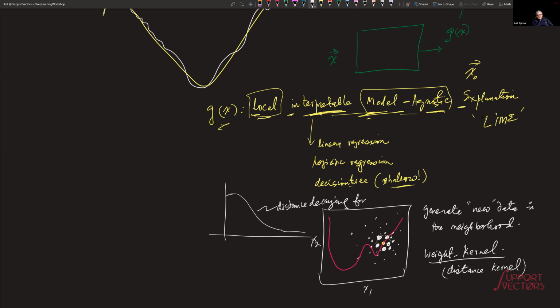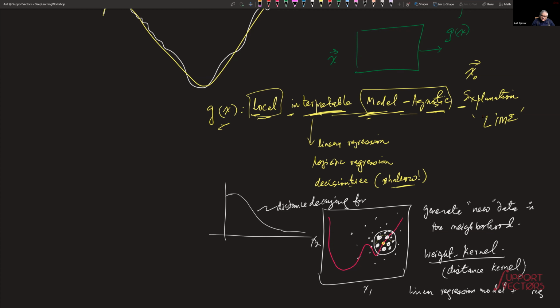This is a minor technicality, but basically what it means is look only at the local neighborhood, and here you will have a plane. So now you can make a linear model, linear regression, and generally people add a regularization term also.